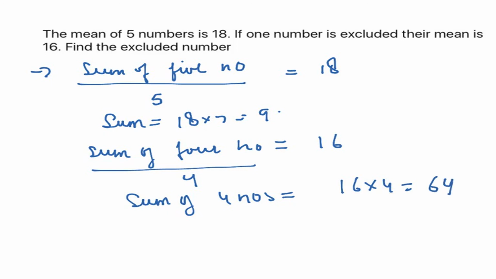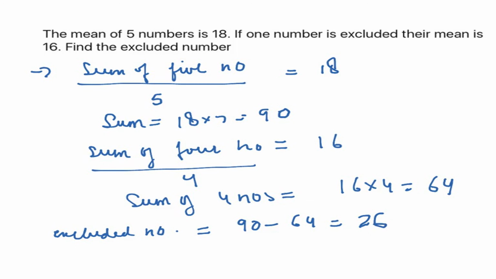Now we have to calculate the excluded number. So we will subtract the sum of 4 numbers from the sum of 5 numbers. We have the sum of 5 numbers, that is 90. We have the sum of 4 numbers, that is 64. We will get 26. The number that we excluded from those 5 numbers is 26.